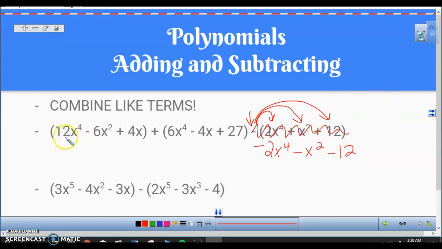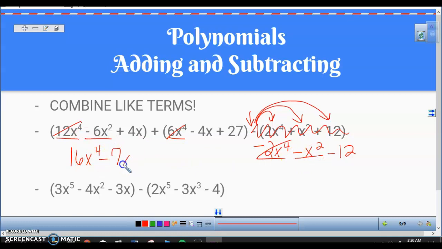Now I'm just combining. So I have 12x to the 4th, 6x to the 4th, minus 2x to the 4th. That gives me 16x to the 4th. Those are gone. Standard form, I will have x to the 3rd. I don't have any. So next I have negative 6x squared minus x squared.